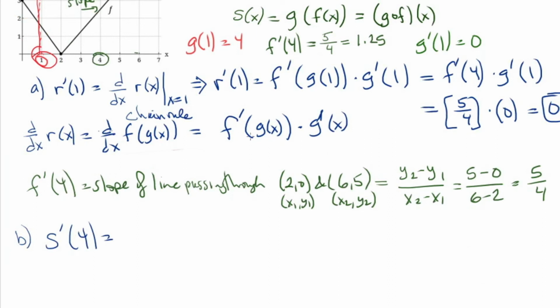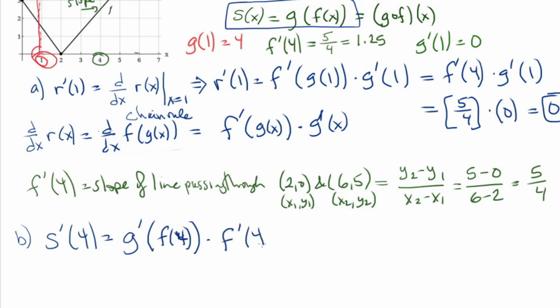Now remember, s is g of f of x. It's right here at the top. So the derivative is going to be g prime of f of 4 times f prime of 4. First, what is f of 4?